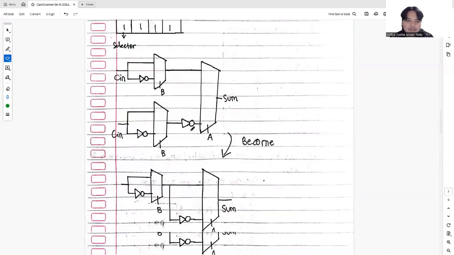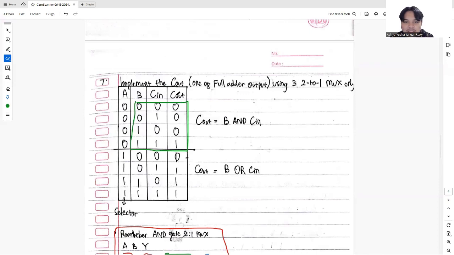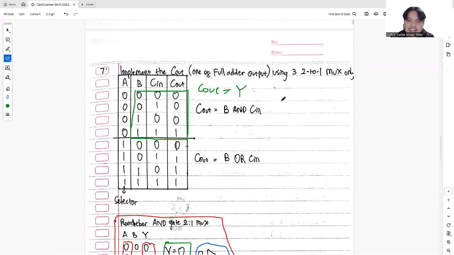Because on this table, C out is equal to Y, and C in equals B, and B is equal to A, only in this context.